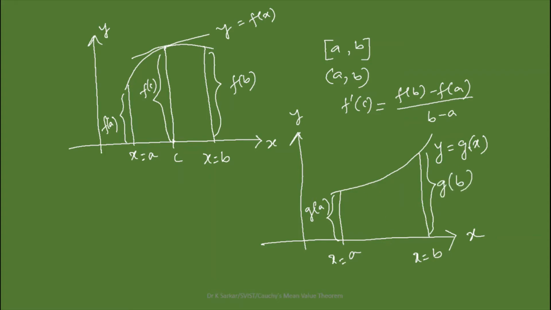The function g(x) is continuous in the closed interval [a, b] and derivable in the open interval (a, b). Then there exists a value c in between a and b such that g'(c) equals (g(b) minus g(a)) divided by (b minus a). Now here, if we draw a tangent, then the slope of this tangent is g'(c).